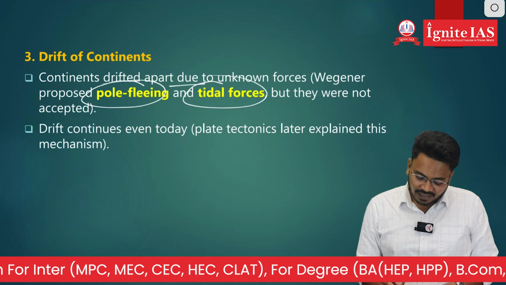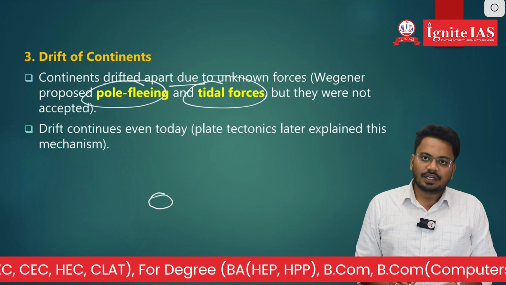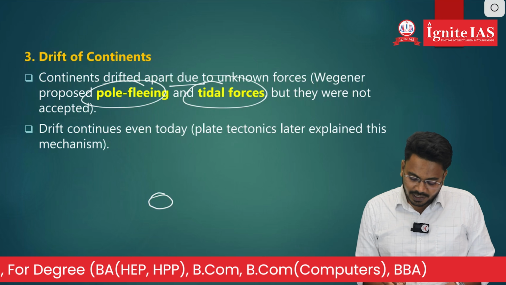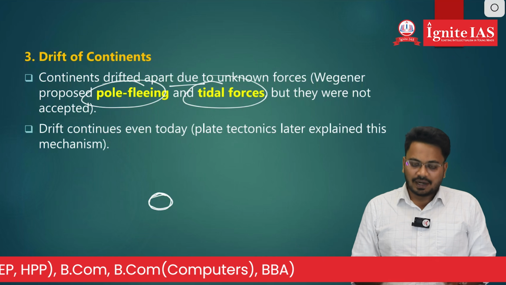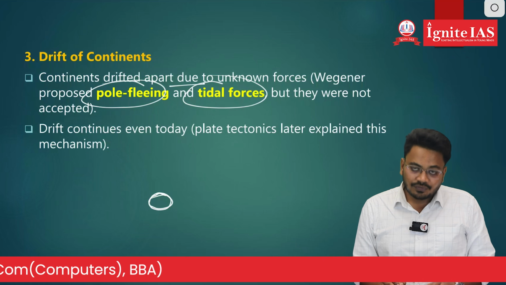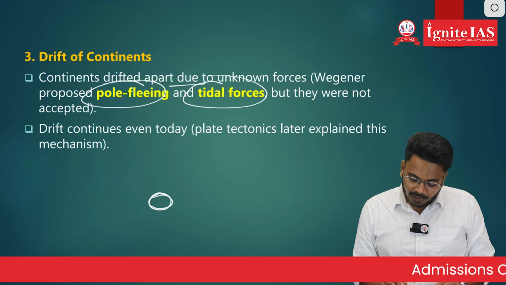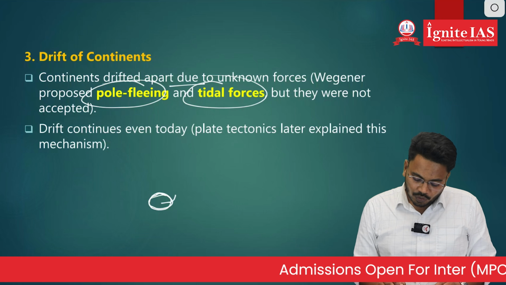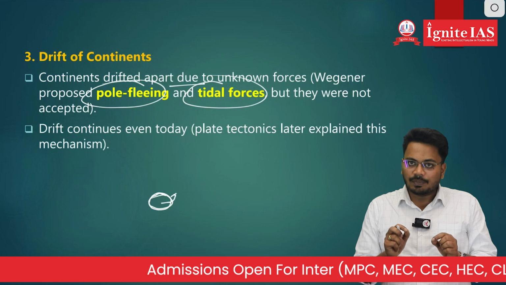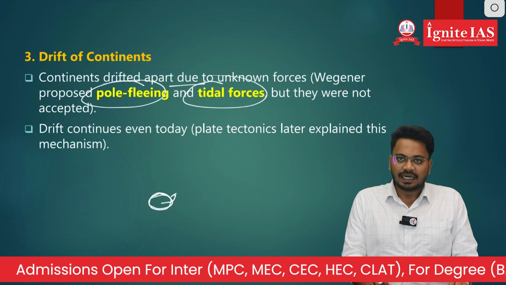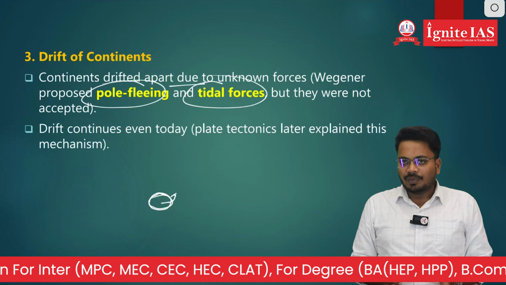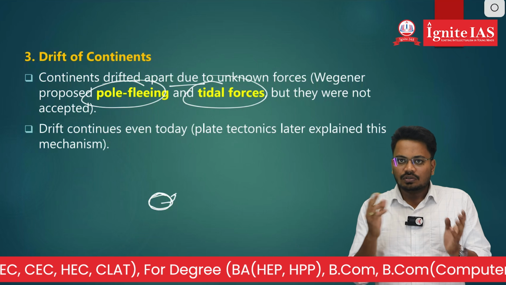Suppose there is a circular body, and this circular body is rotating. Usually the particles present on that rotating circular body experience an outward acceleration from that surface. Right. So the same phenomenon he applied to the earth.